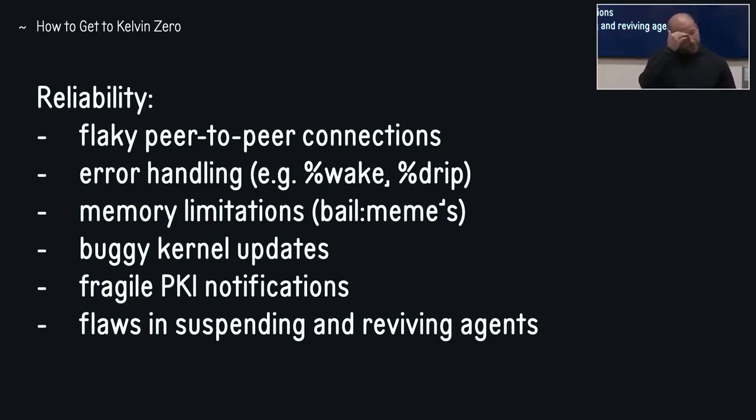And finally, there are flaws in suspending and reviving agents. An agent is an Urbit application. It's a program that runs in user space. Gall, the kernel module, runs it. You can turn them off and on, sort of like shutting down a Mac app. It's actually a little different because it's a long-running service, but it feels like turning off a Mac app, and then you can turn it back on. If you turn it off and then back on, Gall doesn't maintain all the invariants that it claims to maintain.